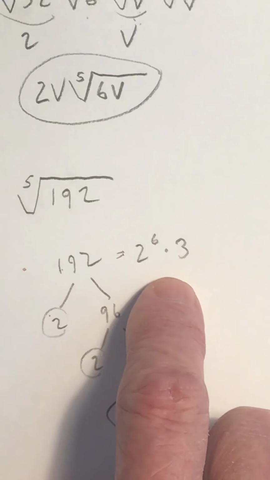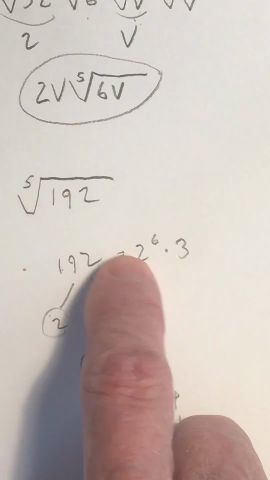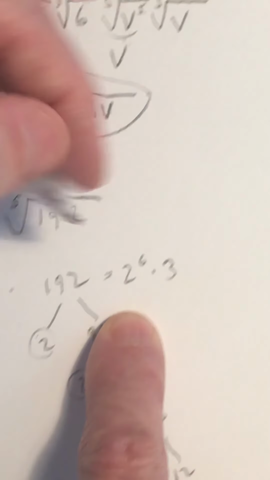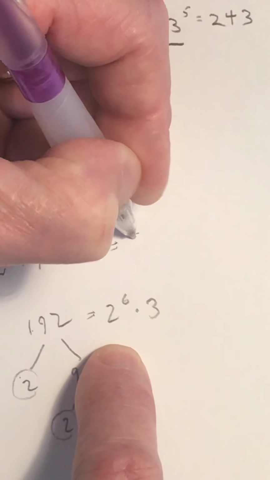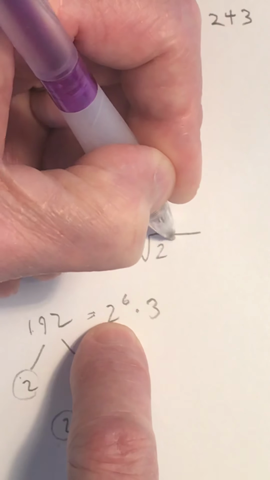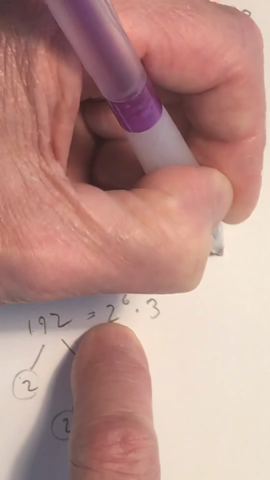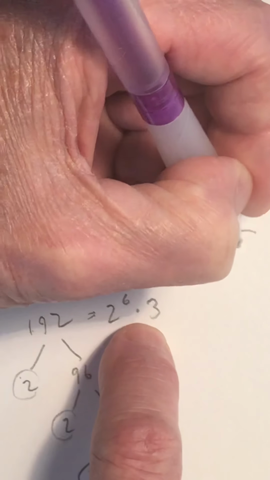Now, why were we doing this? Because we wanted to get something we could take the fifth root of and not get a decimal answer. So just like we would do with the x, I'll take this 2 to the sixth and break it down into 2 to the fifth times 2 to the first.